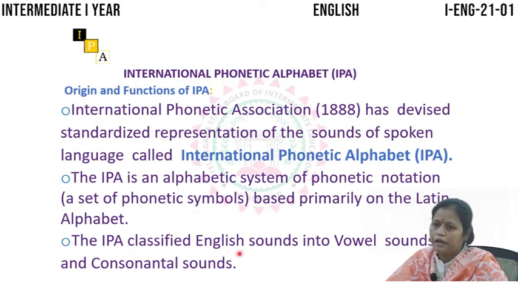The IPA classified English sounds into vowel sounds and consonantal sounds. So sounds in English are classified into two types, vowel sounds and consonantal sounds. This is the classification given by IPA.